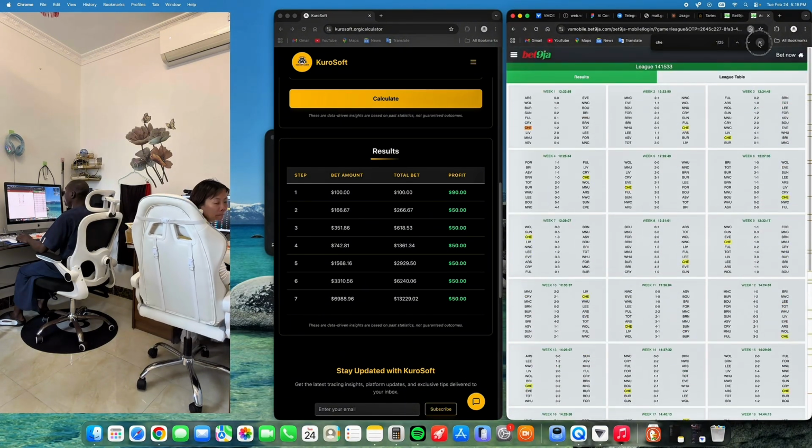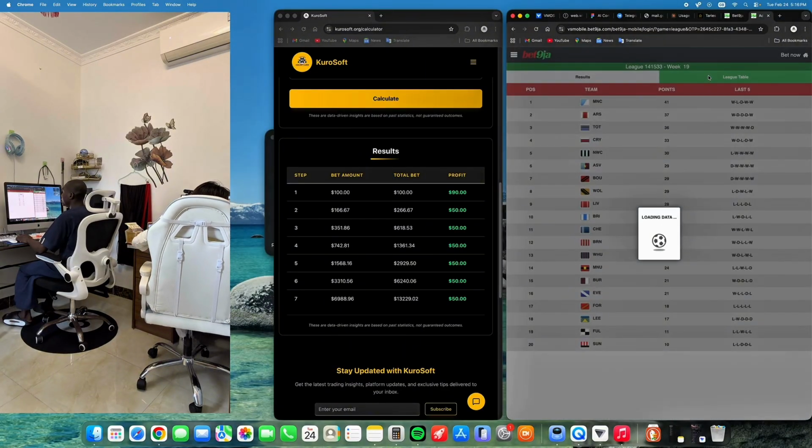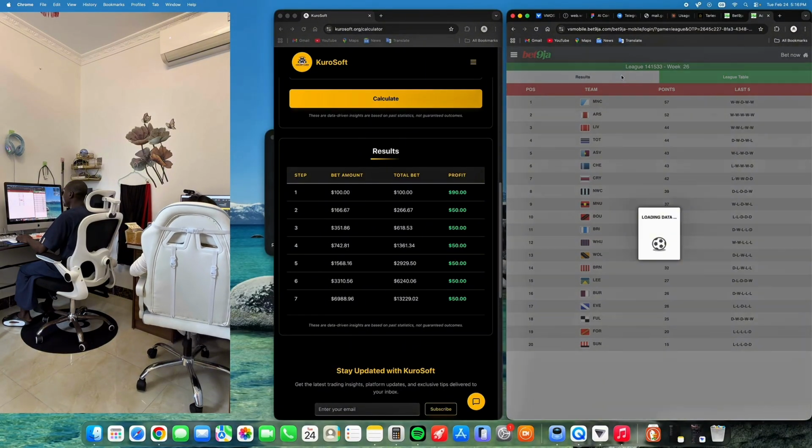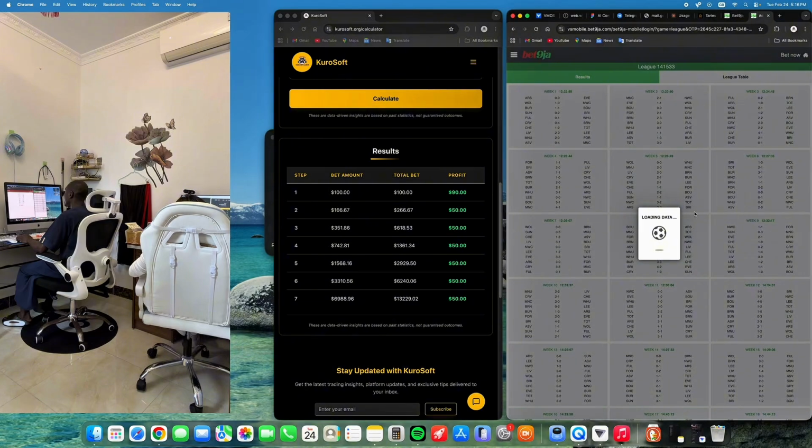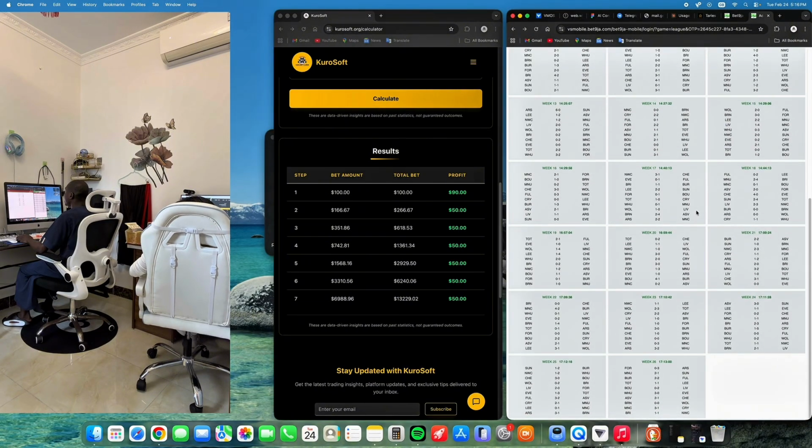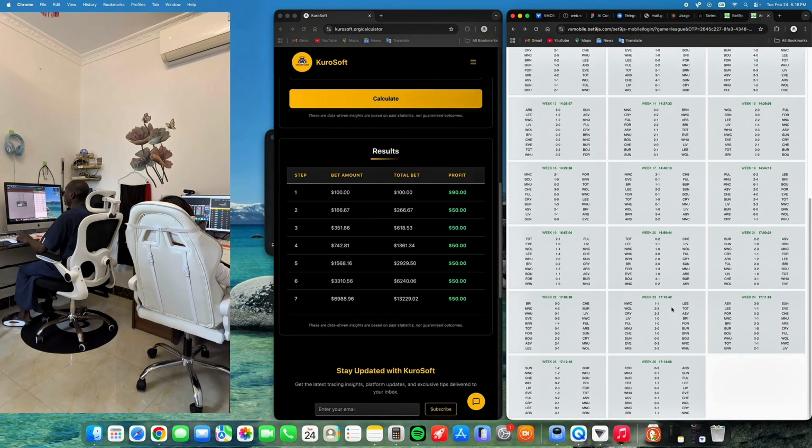Now, if for instance I want to play, I'll look at the team that maybe from the last two matches has not played over 1.5 goals. Which of these teams has not played over 1.5 goals? All the teams except for Brentford and Wolverhampton, and these are weak teams, so they can actually play under 1.5.